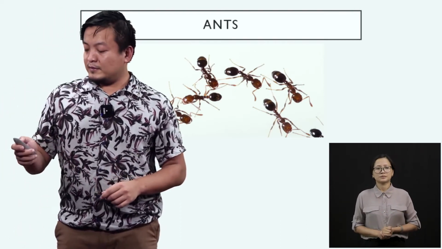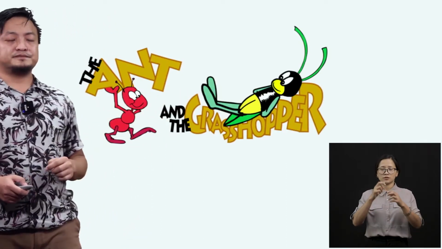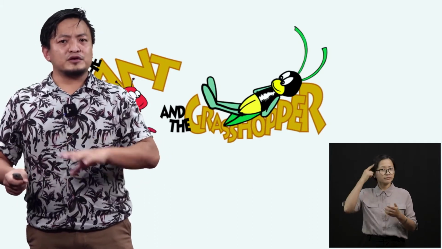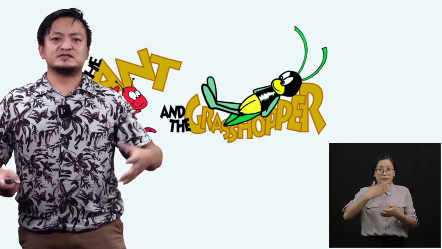And here, this is a grasshopper. Now the grasshopper was chill, very relaxed. When the ants were working hard collecting all the food, the grasshopper came, singing, shouting with a loud voice.